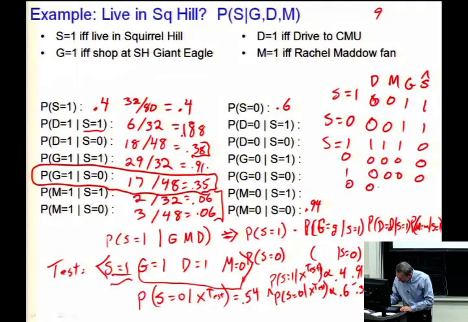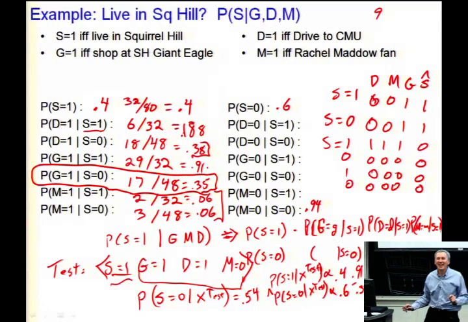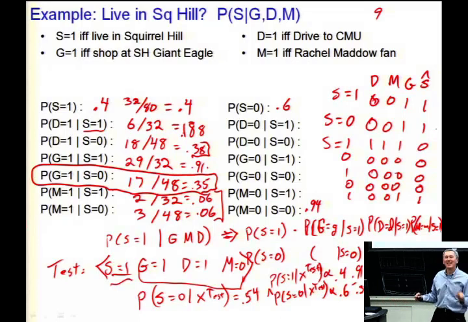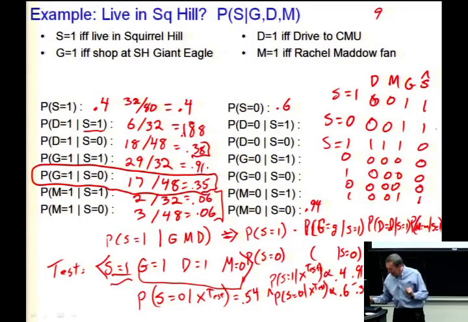Wow, I need better variables. Yes? 0, 0, 1, and I do live in Squirrel Hill. And the prediction was? Oh, yeah, we have that one up here. We have a lot of repeat. All right. I think we just pulled it out.